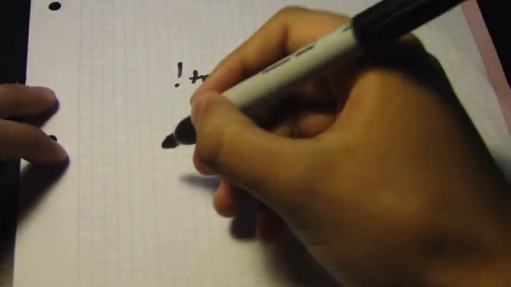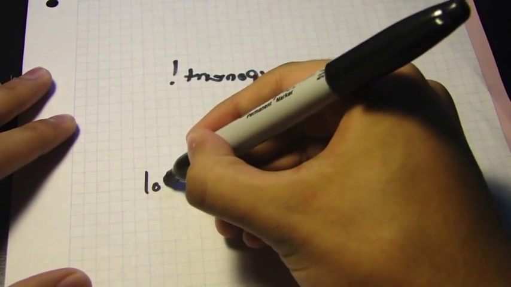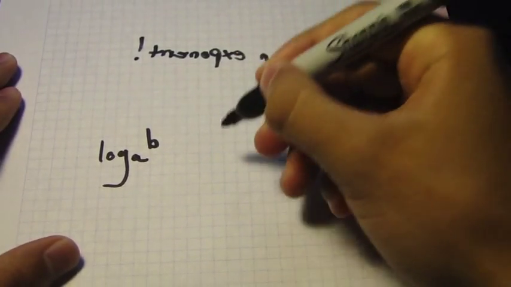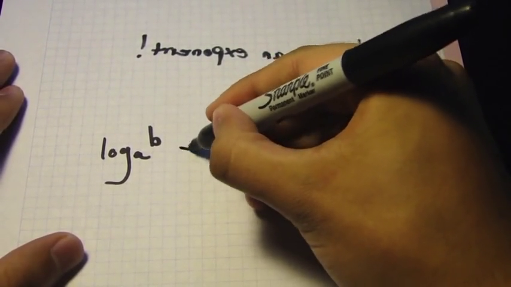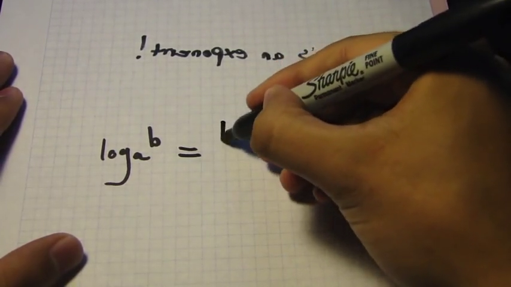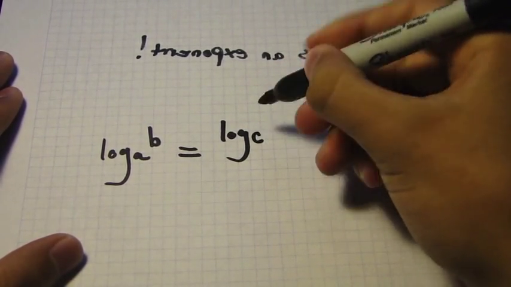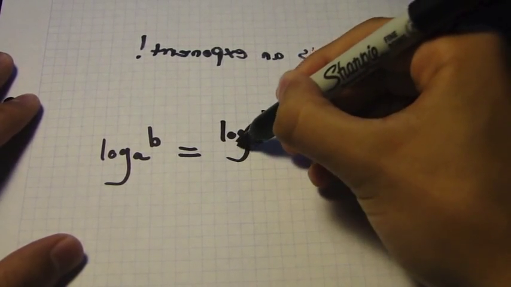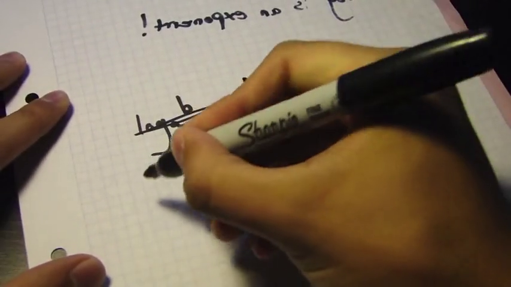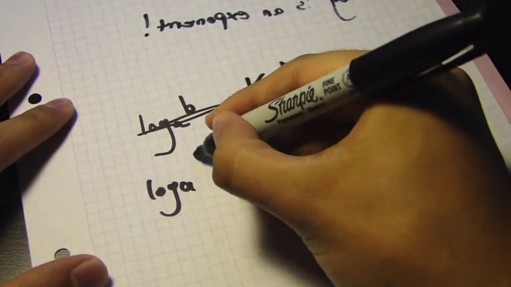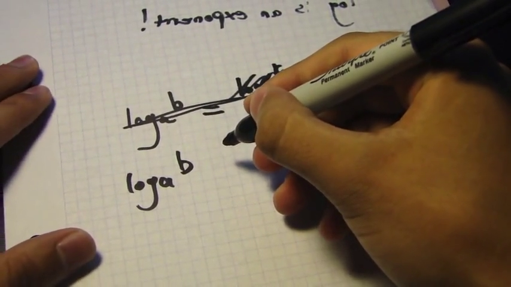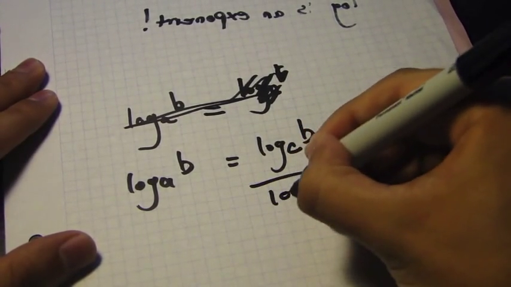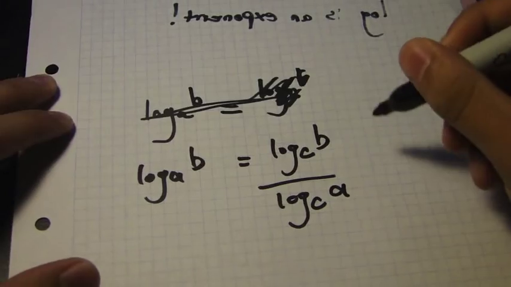So the rule for that one is: log base a of b, and if you want to change that into a new base, we'll call the new base c, then log base a of b would equal log base c of b over log base c of a.